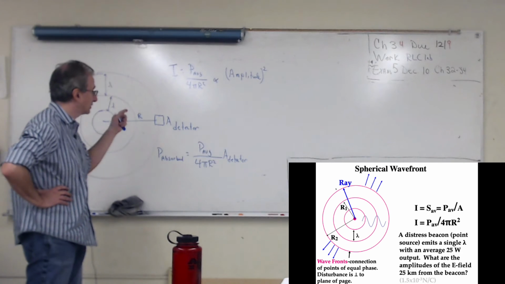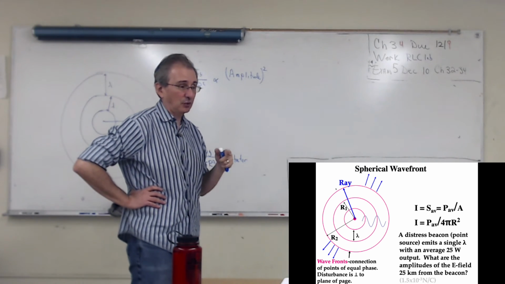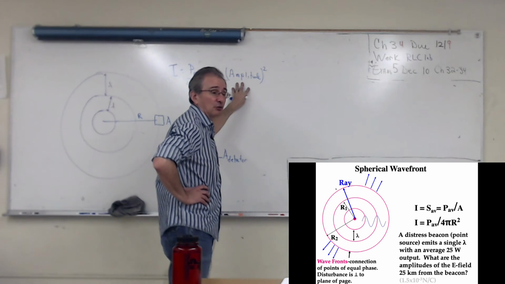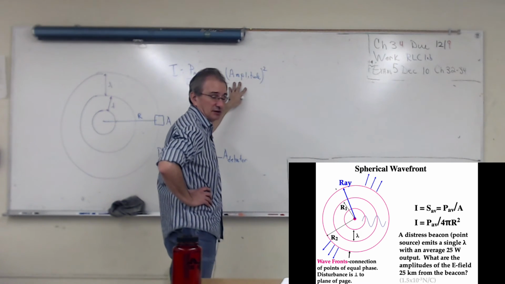So we can use this to argue that the amplitude of the wave really has to depend on 1 over r. We're ignoring that because we're really far away from the source.